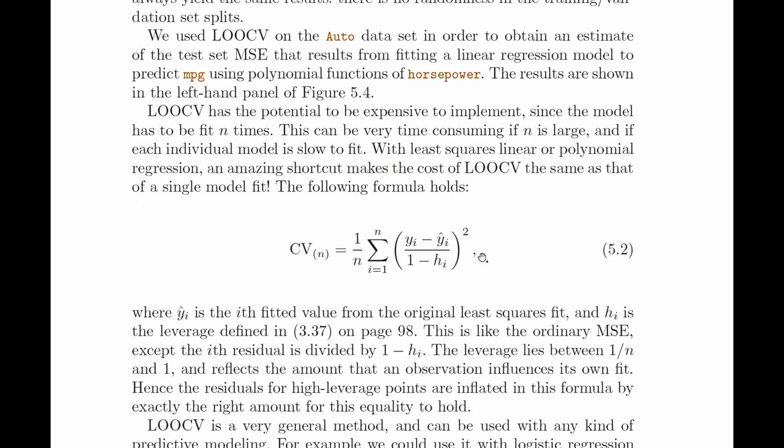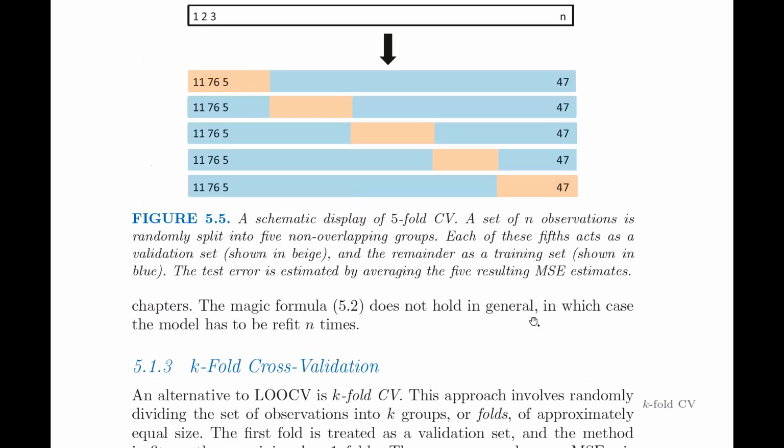So this only works for regression, and specifically it needs to be least squares, linear or polynomial regression. You're certainly not going to use it in, for instance, a classification model where the y isn't even a numerical value, let alone how much you're going to subtract those y's.